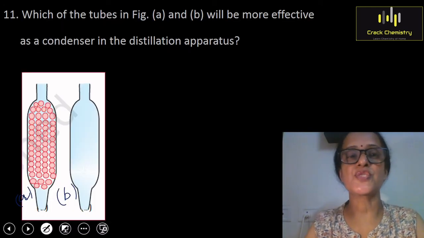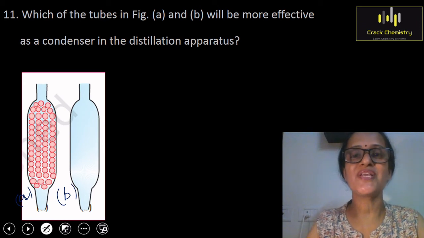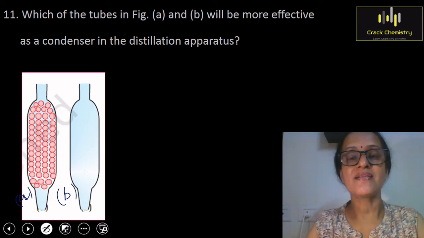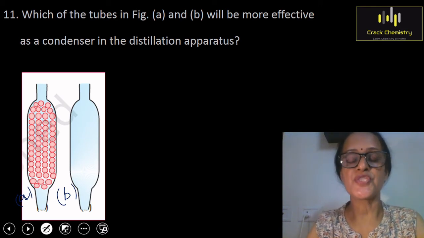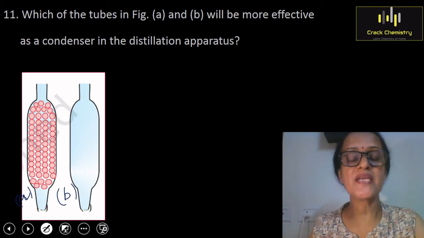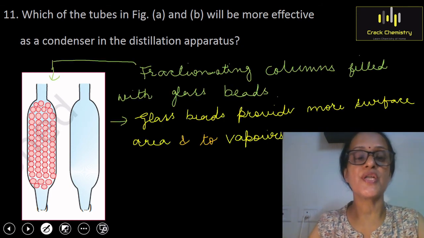Now, consider the next question. In this question, you have been given two tubes and they are asking you which tube out of A and B will be more effective in the process of fractional distillation. Children, before explaining this question, I will show you the apparatus which is used during the process of fractional distillation.